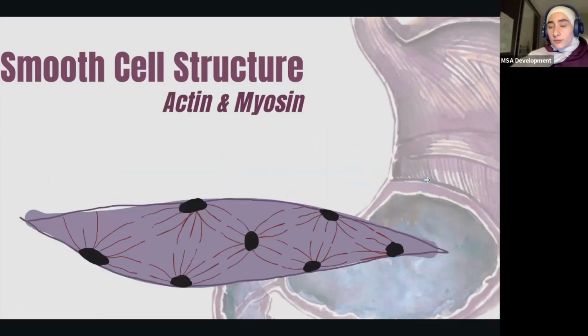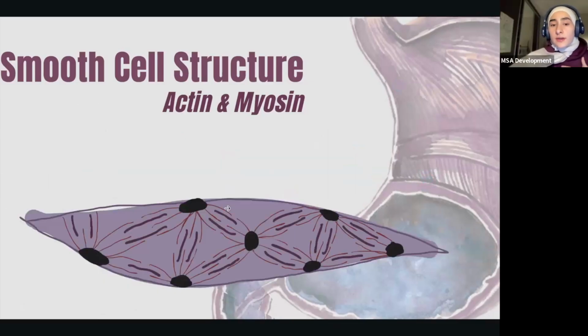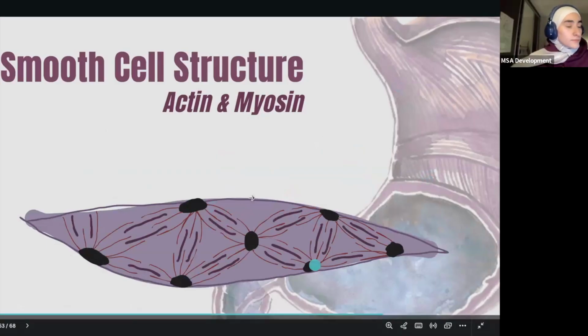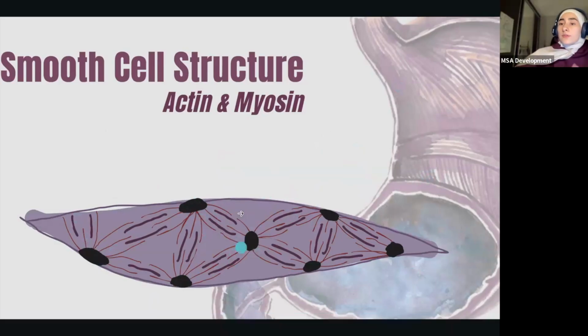Now, the way I told you, it was organized differently. You have dense bodies all over your smooth muscle cell, and you have actin and myosin connecting each dense body. These are your actins, and then this right here is your myosin. Now, the difference that this organization makes is that instead of contracting along the length of the sarcomeres, like let's imagine our sarcomeres were like this, if they were to contract, then the cell would just contract like this.